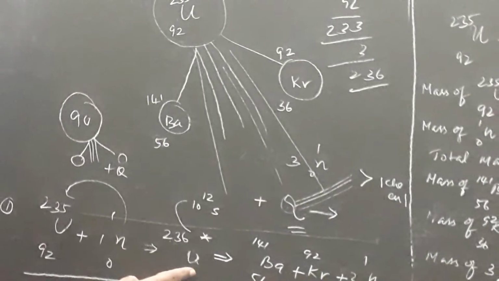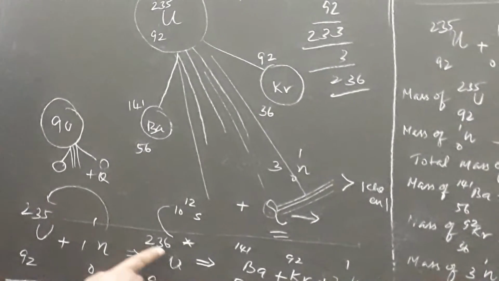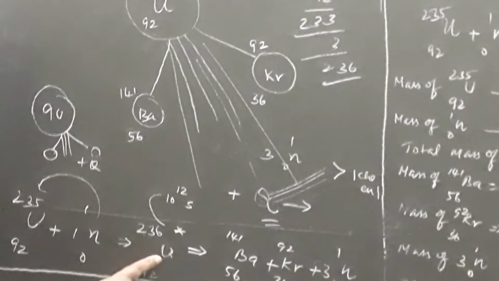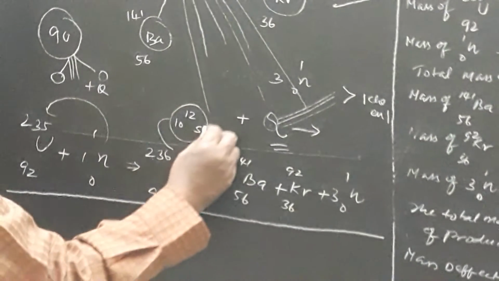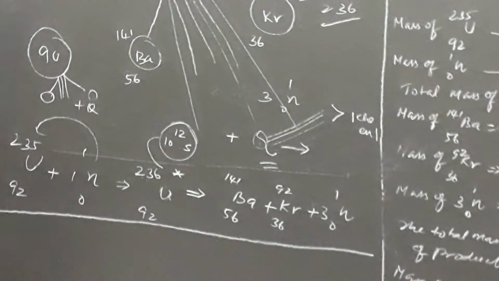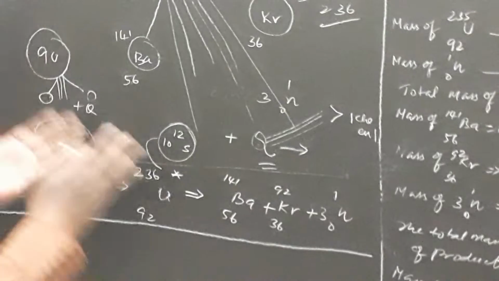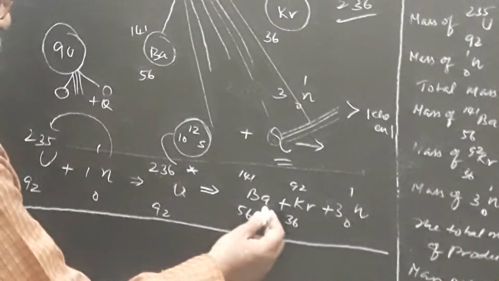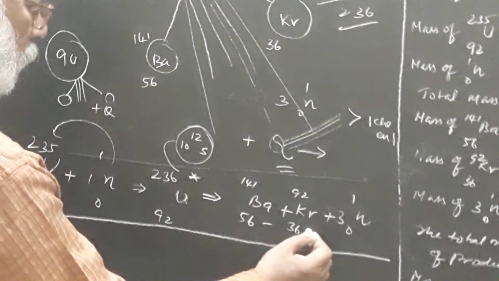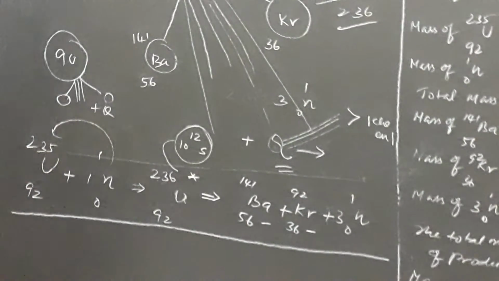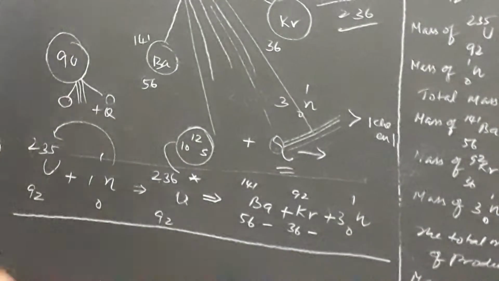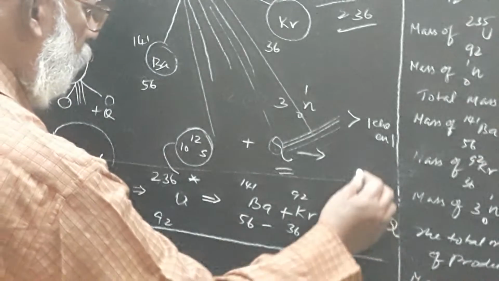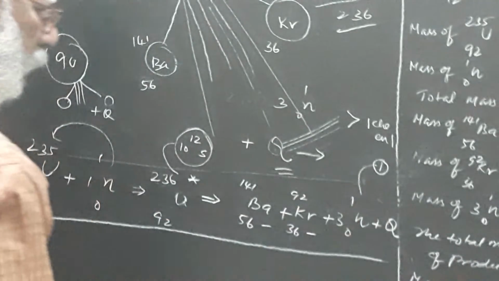Then the unstable isotope uranium 236 is formed, which is in the excited state only for 10 power minus 12 second. After that it decays, and because of the decay process barium and krypton, the 2 nuclei, are produced along with neutrons plus enormous energy. This is the first method, commonly happening.